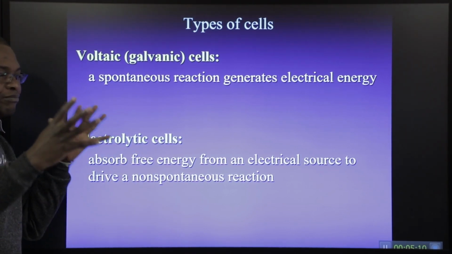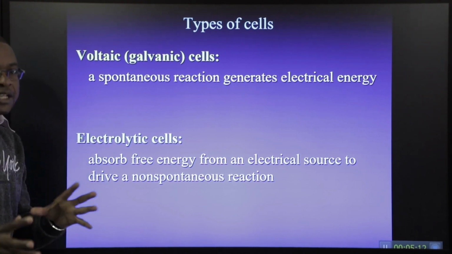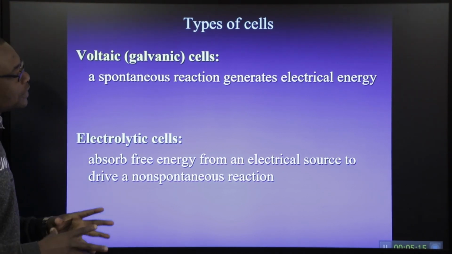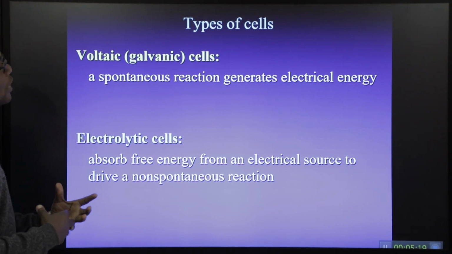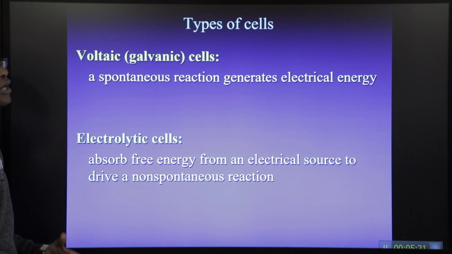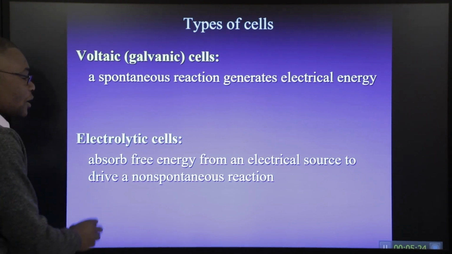So these are the main identifiers of what can be isolated as a galvanic or voltaic or an electrochemical cell.